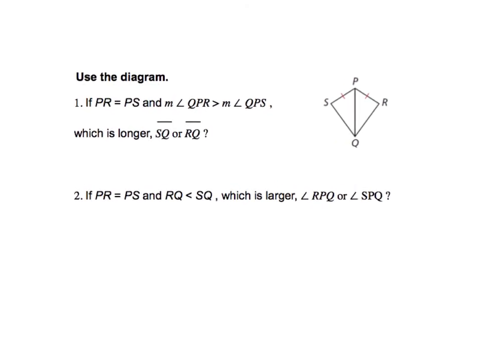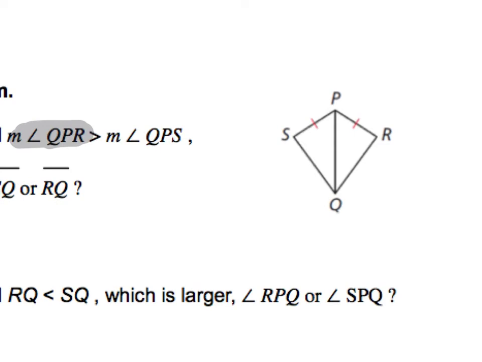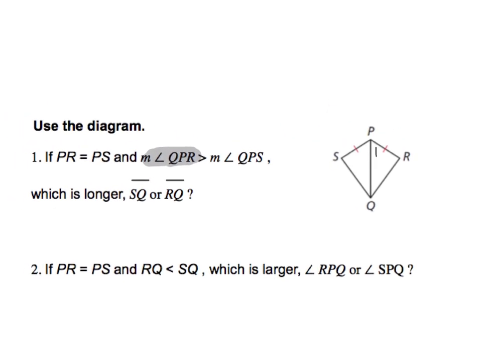Okay, let's see. If PR equals PS, which is marked, and the measure of angle QPR, we'll call that angle 1, is greater than angle QPS, we'll call that angle 2, just for the ease of knowing what's what.